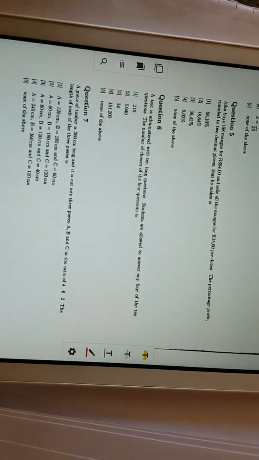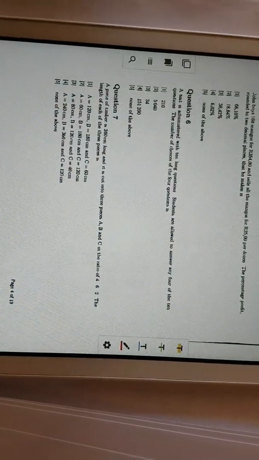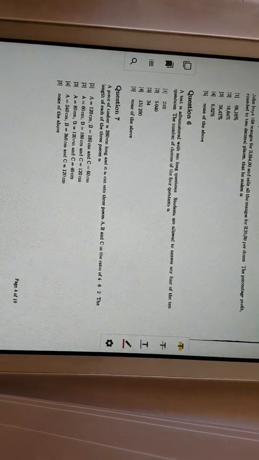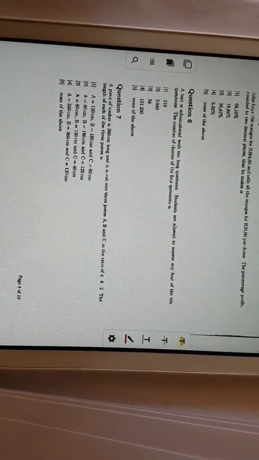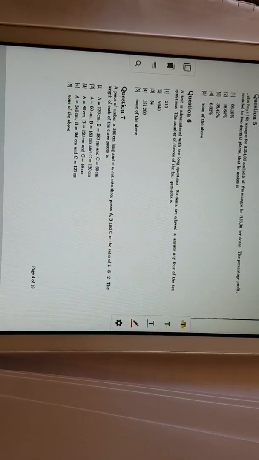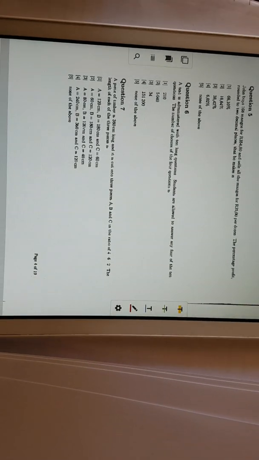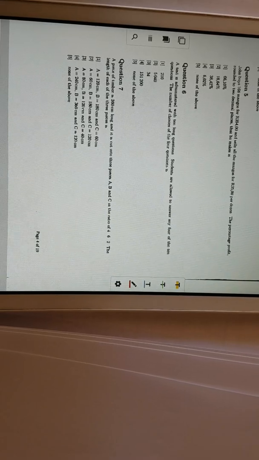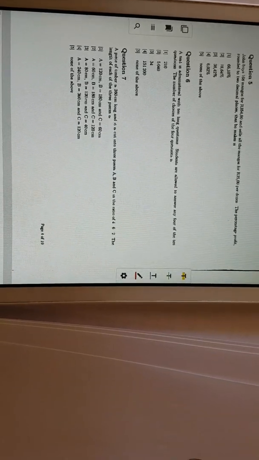And then our question comes and says, a test is administered with 10 long questions. Students are allowed to answer any 4 of the 10 questions. So here they basically didn't talk about what? About order.